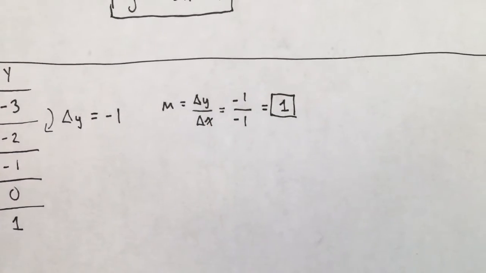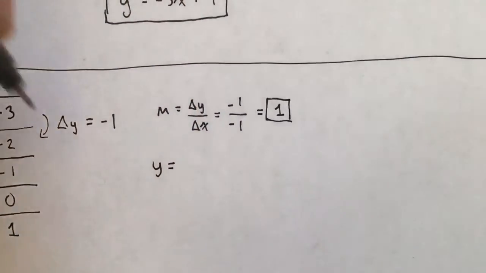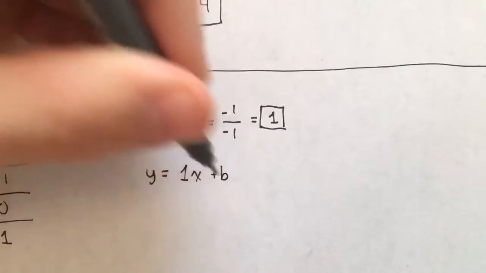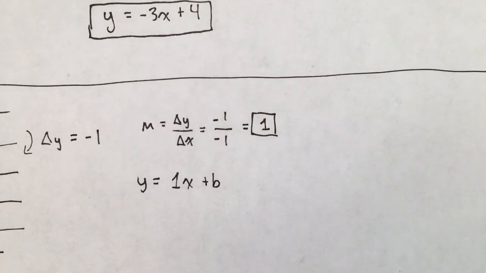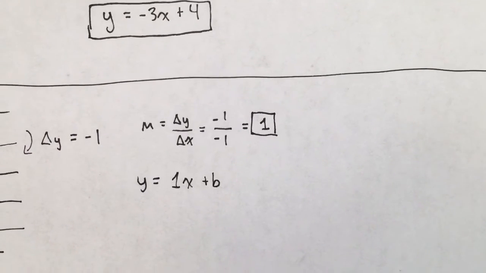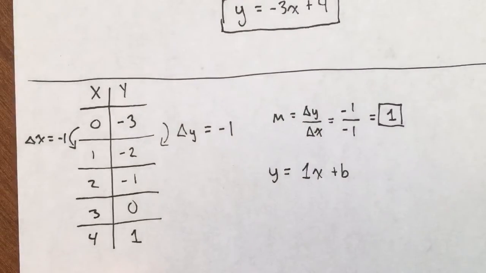Now that we've found our slope, let's set up our slope-intercept form. So y equals 1x plus b. Remember, this 1 is not necessary in front of it, but I'm going to leave it there to make it easier to see the work for the problem. Let's pick a point to plug in from the table.